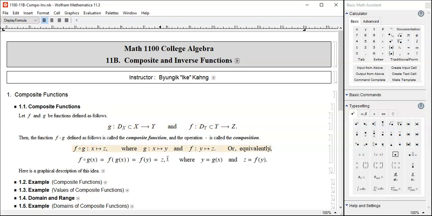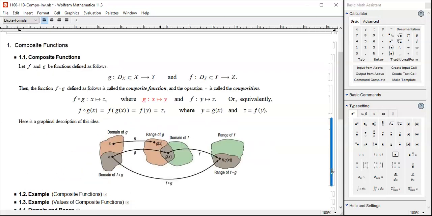In this way, from g, x goes to y, and then through f, y goes to z. So x goes to y, and the same y goes to z. Here's a graphical explanation.